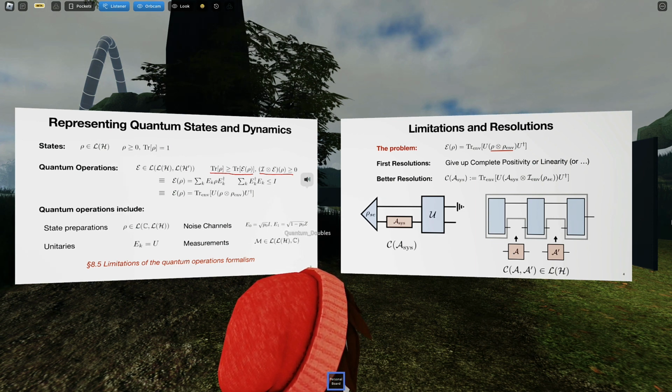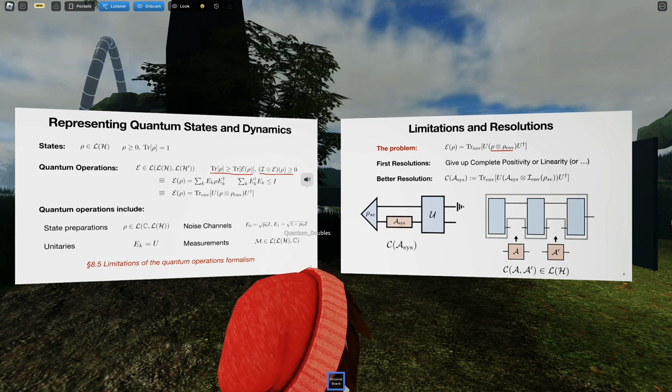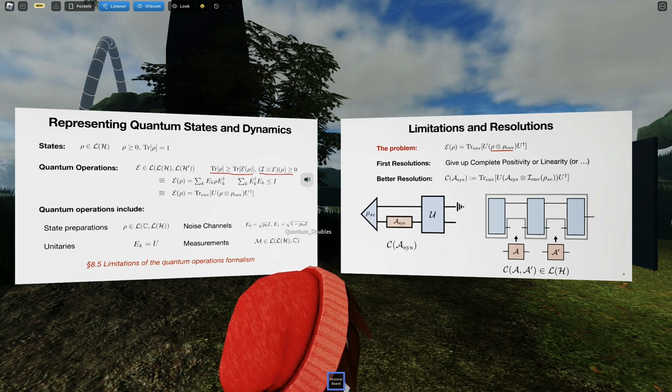It was quite an interesting sequence of replies between two authors, Pechukas and Alicki, I think, where they talk about what we can give up about the quantum operations, these E's, such that we can solve this problem. We get around this assumption of separability between the system and the environment.